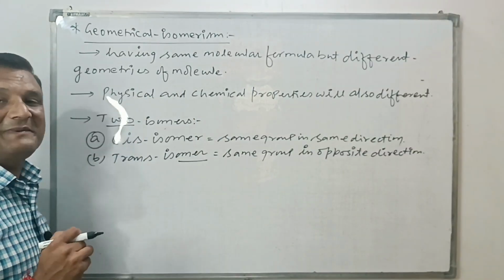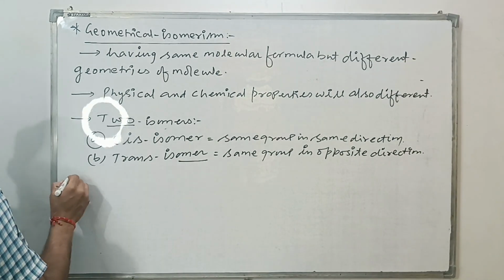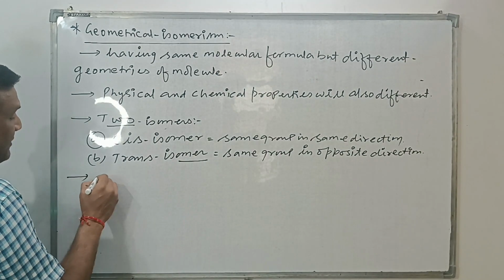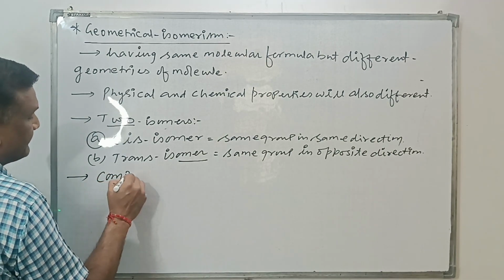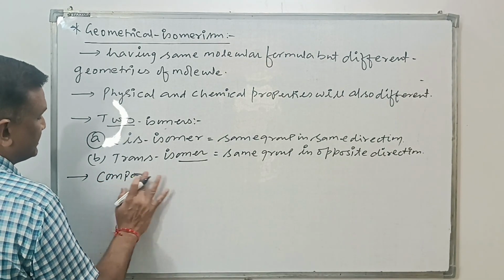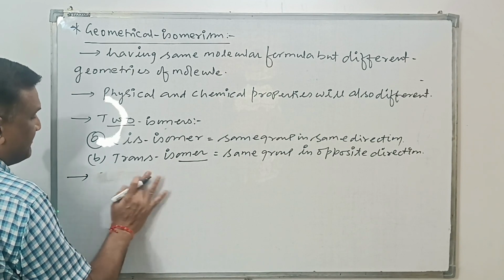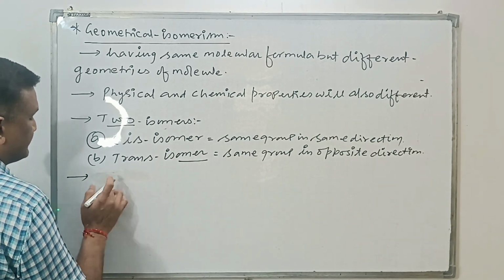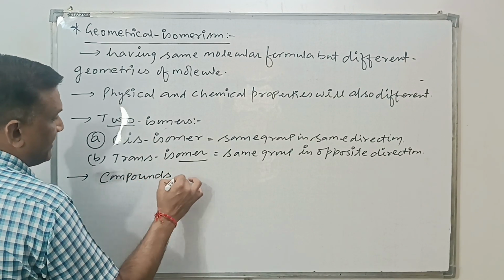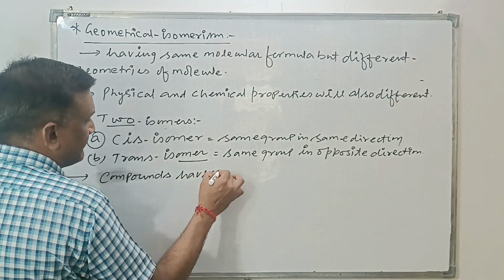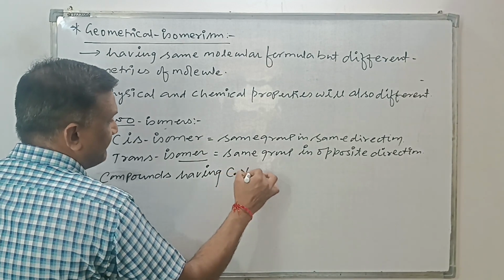If we go with geometrical isomerism, then there are two types of compounds. First, we'll discuss compounds having coordination number 4.